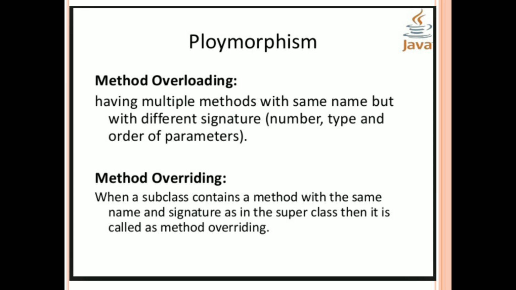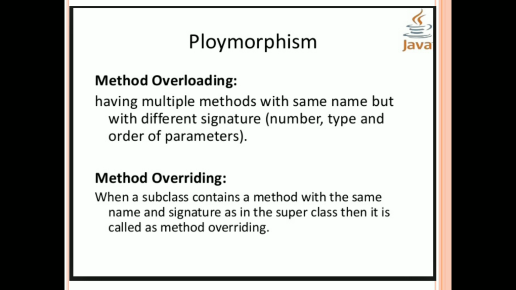So what is method overriding? When a subclass contains a method with the same name and signature as in the superclass, it is called method overriding. Method overriding is one of the types of polymorphism.